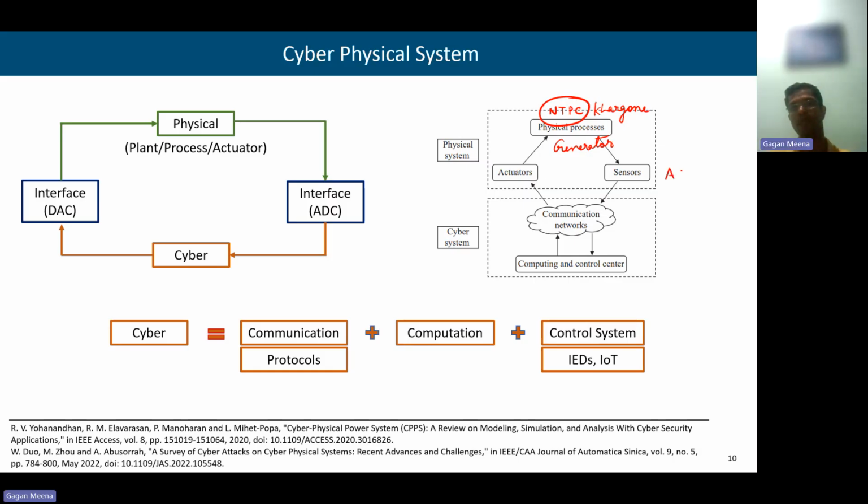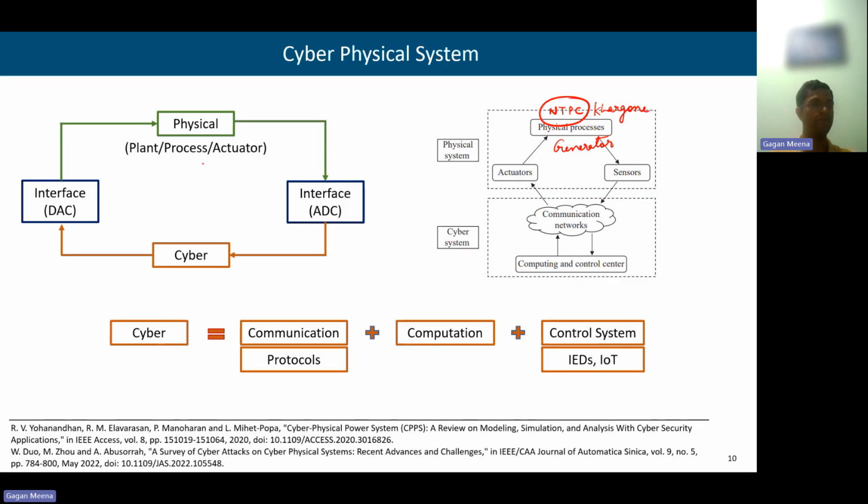Here you can see AGC would work in that case. So AGC would calculate the difference in the tie line flow and then provide a control action to change the output of the generation so that the tie line flow is as per the desired or the scheduled flow on that particular tie line.